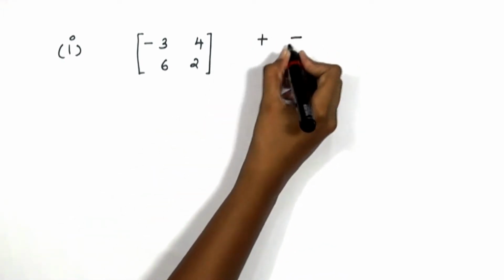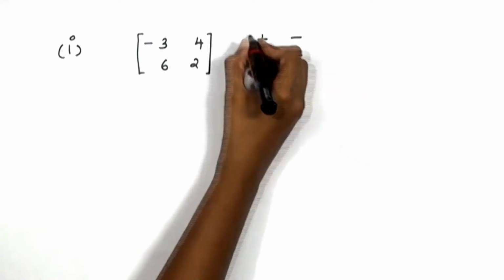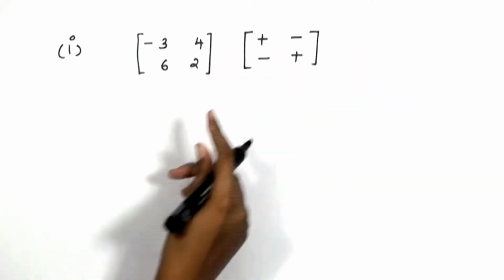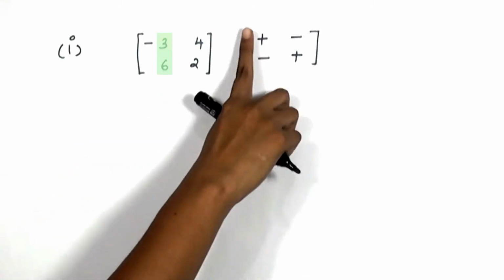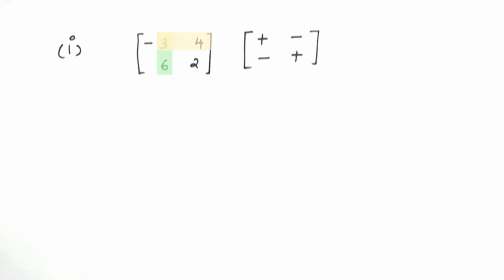Plus, minus, minus, plus. So in order to find the cofactor of -3, we'll be eliminating this column and this row and combine the remaining element with this sign.